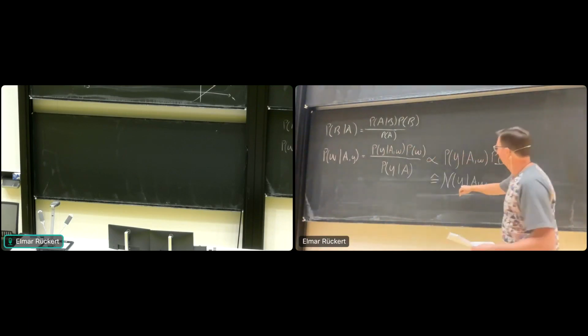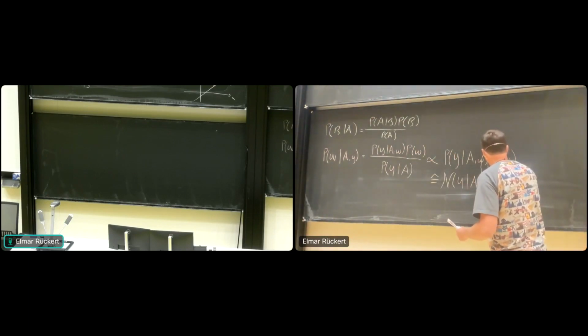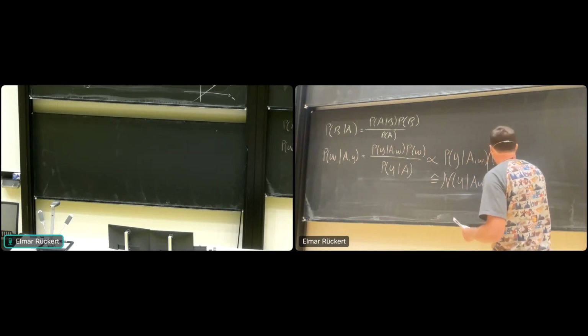Where we use our model, y is given by A times W, with our data uncertainty, times the prior that is also a Gaussian distribution. And for simplicity, only for simplicity, I will assume here a zero mean scalar variance Gaussian prior.